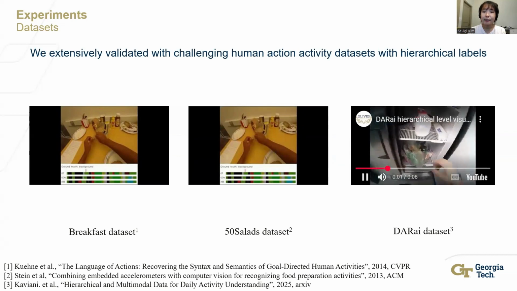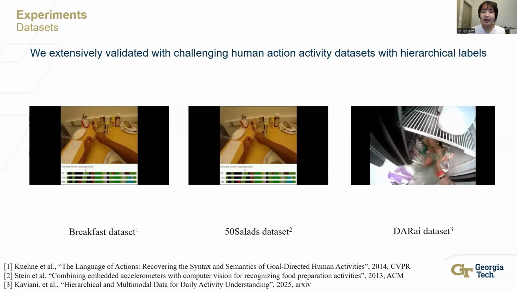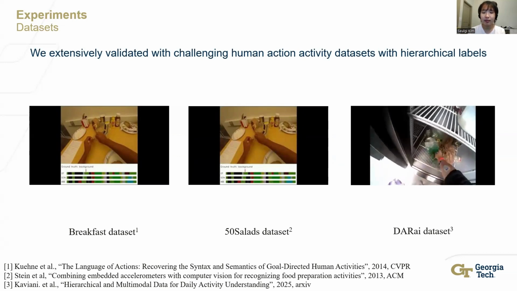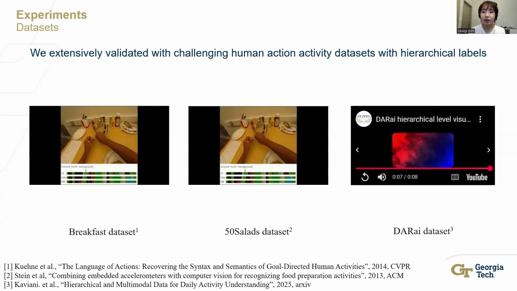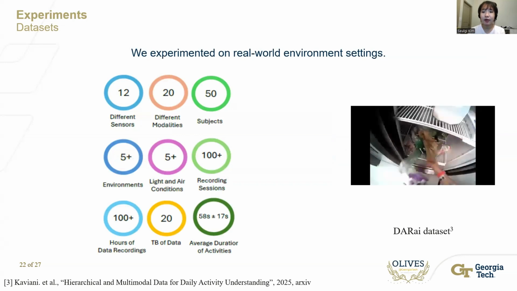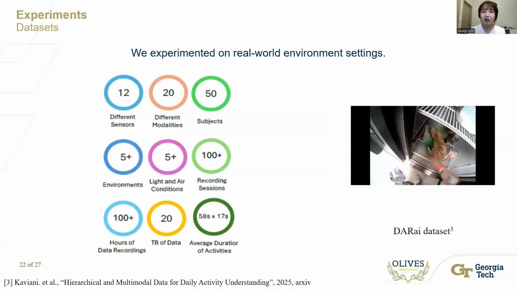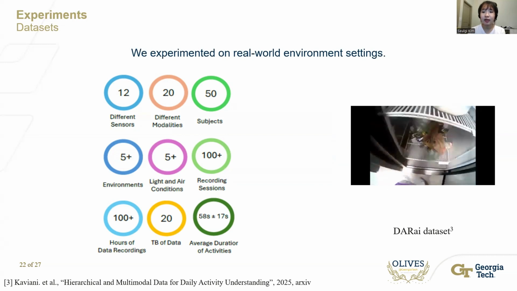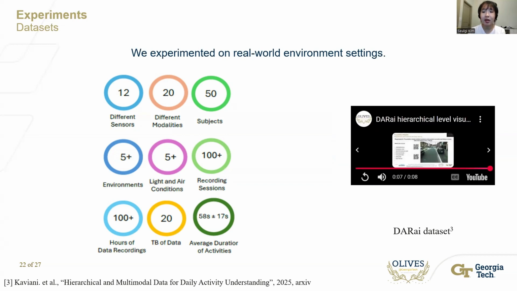Finally, the AI dataset presents the most challenging setting as it reflects untrimmed, unconstrained, and real-world activity sequences. Especially, we chose the AI dataset for our experiments since it was collected using 12 different sensors across 50 different subjects in diverse environments, reflecting the real-world conditions.